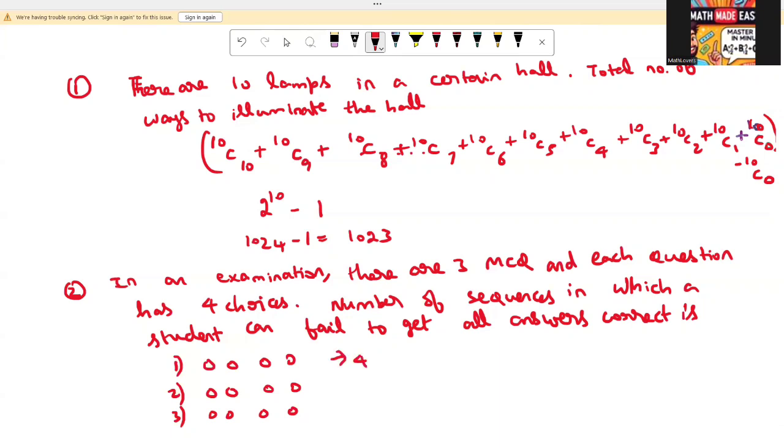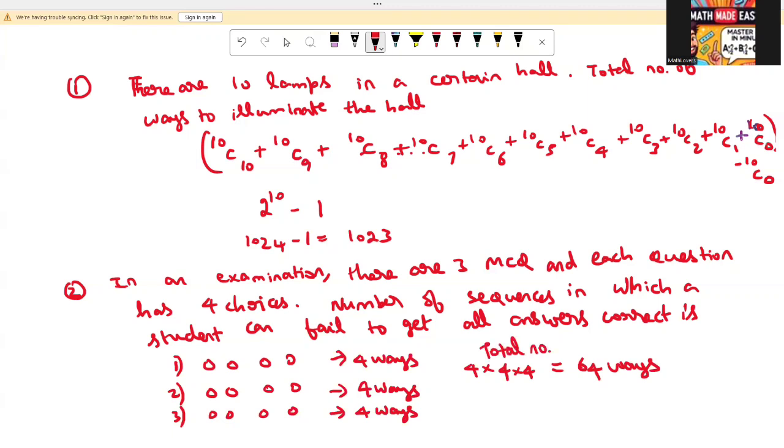So he could do this in 4 ways. He could do the same thing in 4 ways for the next one also, and the next one also. So all of them are independent. So the total number of ways to answer these 3 questions will be 4 into 4 into 4, 64 ways.